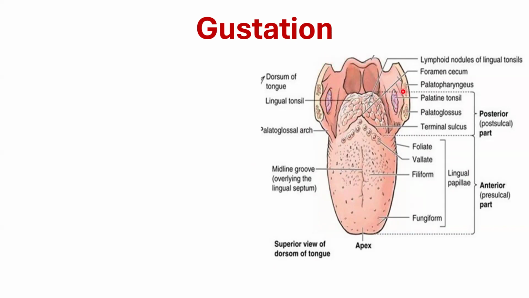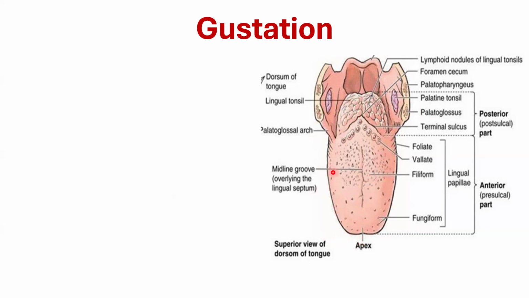The palatine tonsil, you can appreciate, has the palatoglossus and palatopharyngeus folds. You can see the palatine tonsil. Then we have the lingual tonsil. Remember the lingual tonsil and the palatine tonsils make up the Waldeyer ring. We can discuss the anatomy of the tongue in a few seconds.